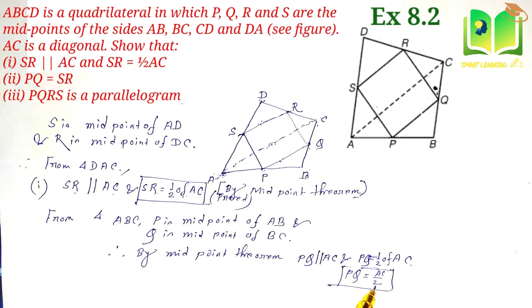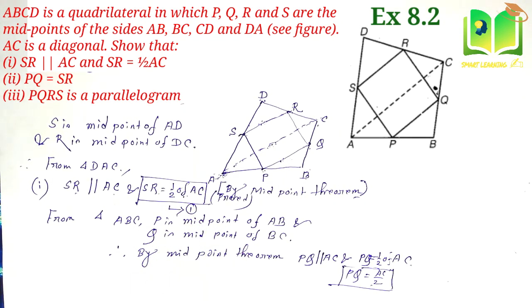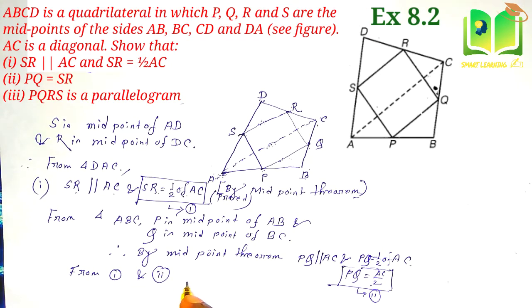So from this and this, what we can write? So now you write here equation 1 and equation 2. From 1 and 2, PQ equals AC by 2 equals SR. This implies PQ equals SR. Your second condition is proved.